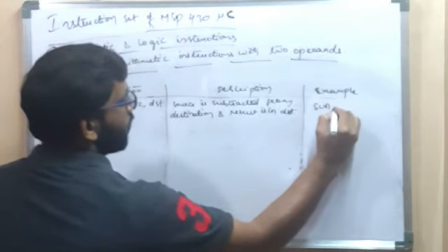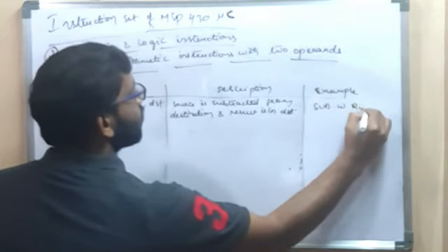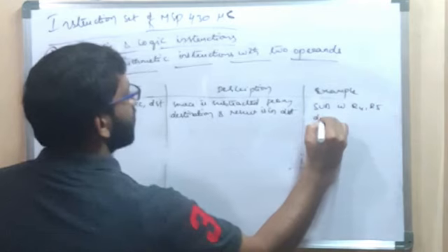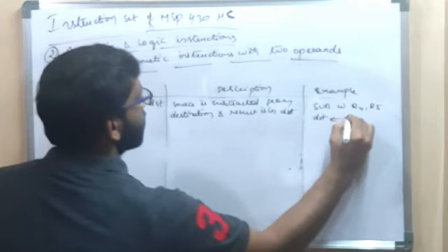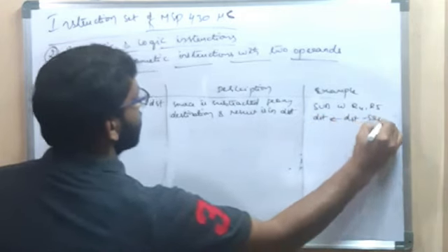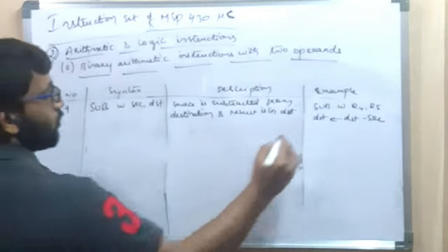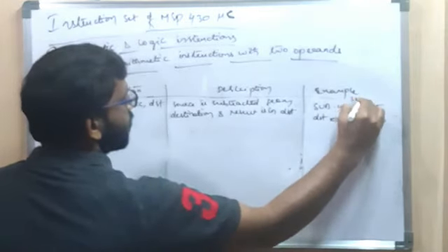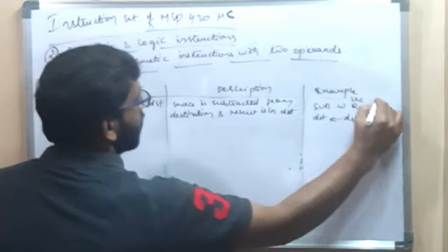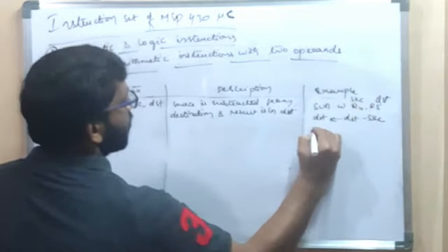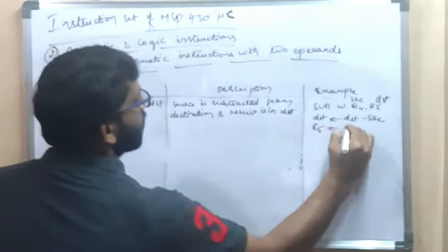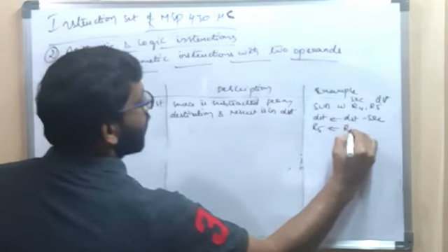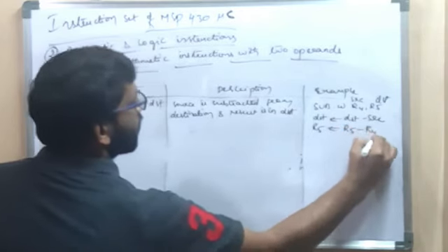Example, sub dot W R4 comma R5. Syntax is DST implies DST minus source. So here source is R4, destination is R5. So R5 implies R5 minus R4.